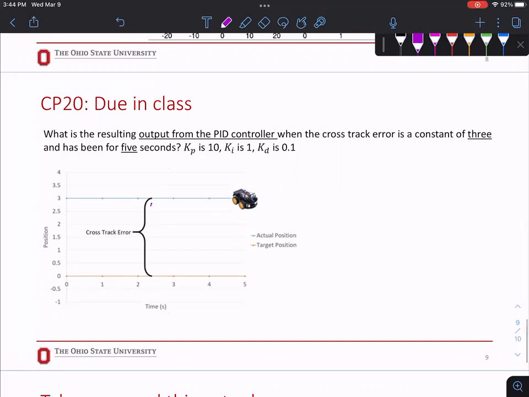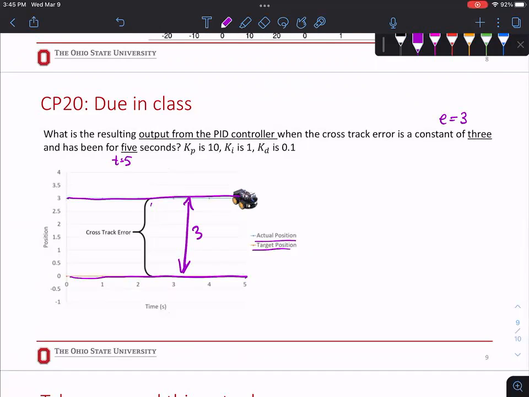So your actual position and target. The target or desired position was supposed to be here. Your actual position is here. What's the error? The error is in between them and it's 3, right? But the error is 3 across the whole 5 seconds. So T is 5, your E is 3 at T equals 0, 1, 2, 3, 4, and 5. They're all the same amount of error.